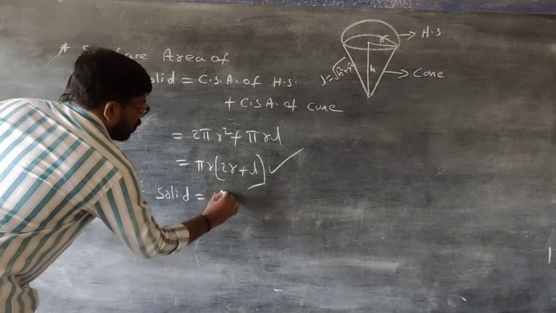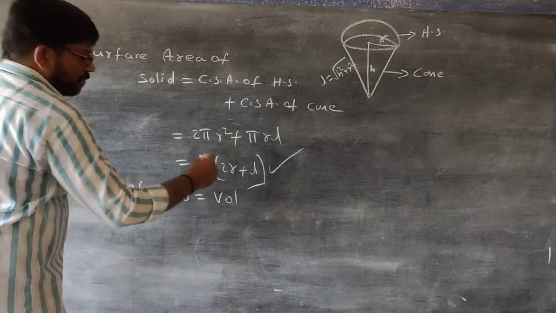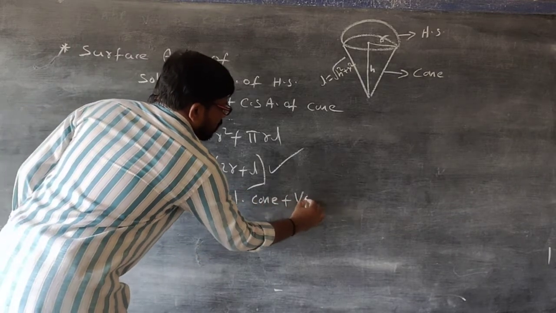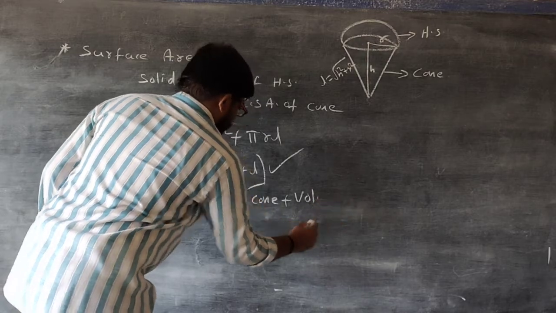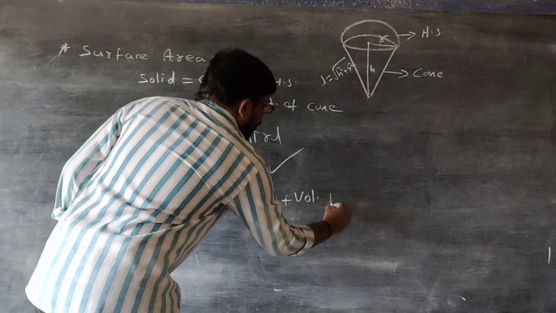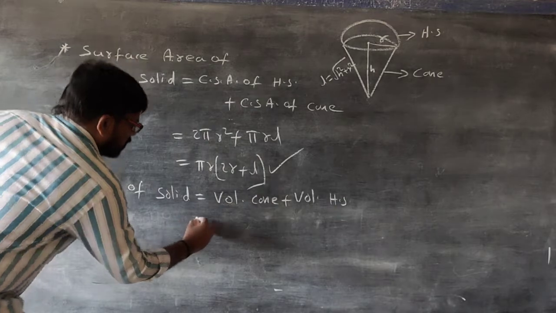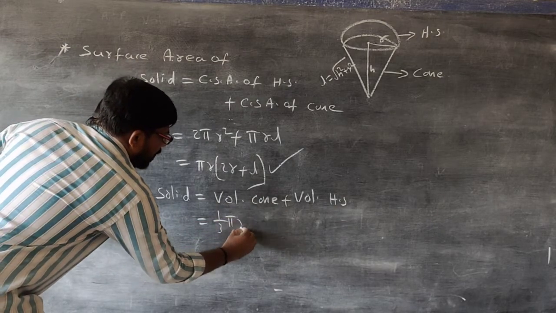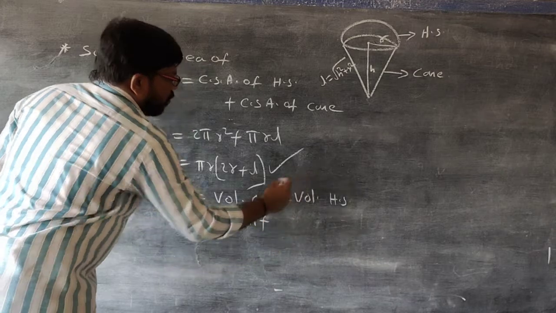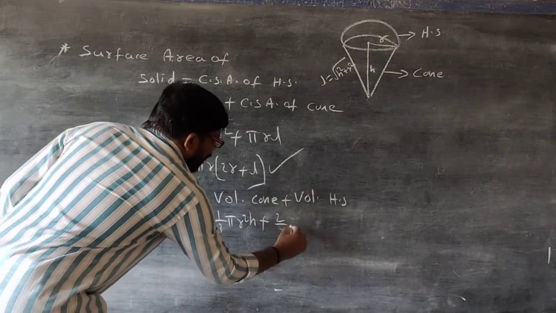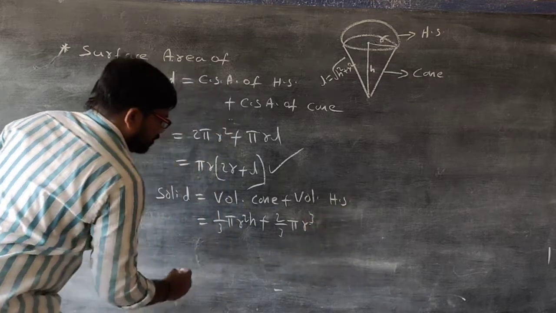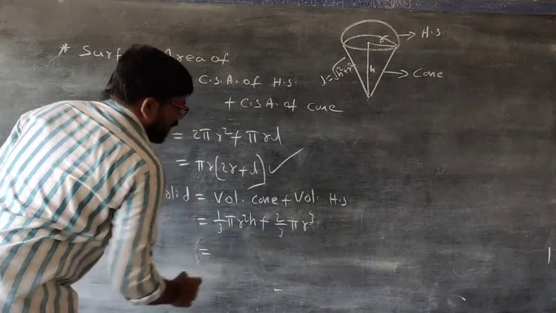is equal to volume of cone plus volume of hemisphere, right? So volume of cone 1 by 3 pi r square h plus volume of hemisphere 2 by 3 pi r cube, right? So that is equal to, these two are fractions.